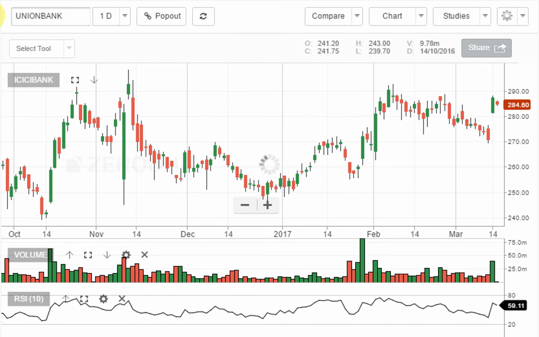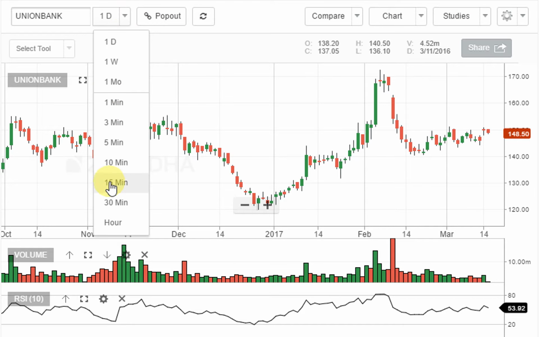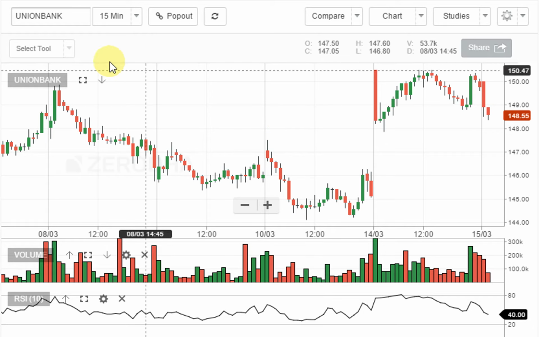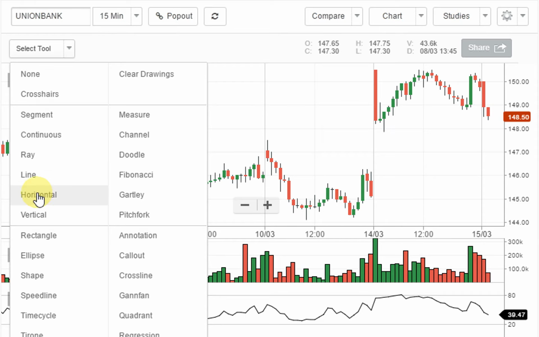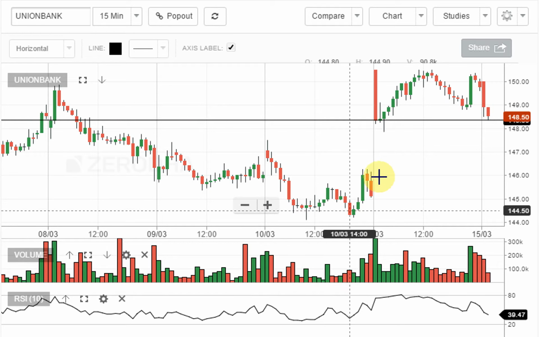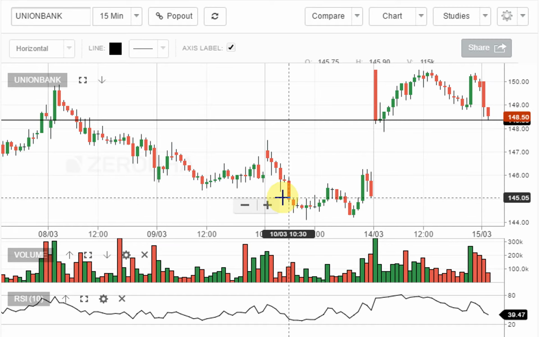We had made a clear support there, and resistance also we'll make. We'll take a resistance here because the stock went up to this level. We'll take a clear 150. So this is the support and resistance line for today.